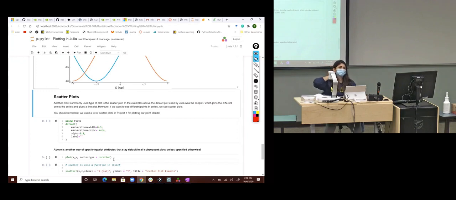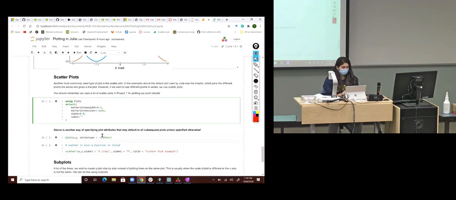A lot of the times, it makes sense to not join these points, and I just want to see what the point data is. For example, we looked at the point clouds. I don't want to join a line through all of those points in my graph. I just want to see the clouds. So we're going to use scatter plots.